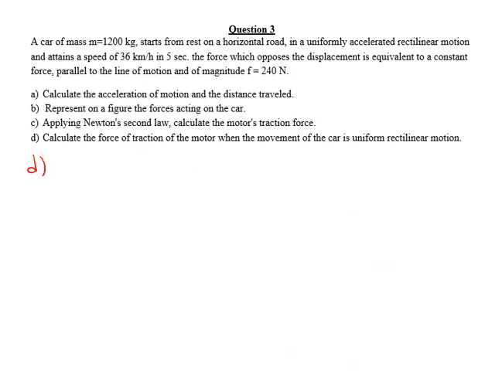Part D. Calculate the force of traction of the motor when the movement of the car is uniform rectilinear motion. Uniform rectilinear motion, therefore a equals 0. Then weight force plus normal force plus force F plus friction force equals mass times acceleration.